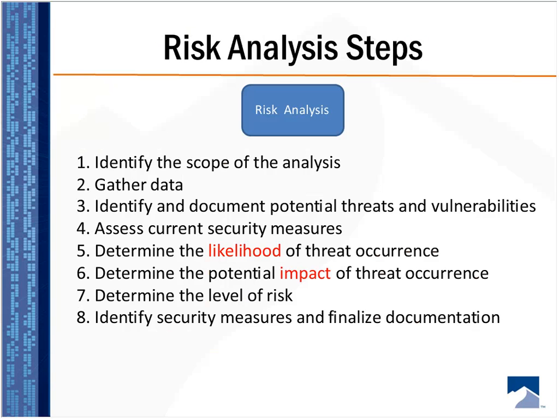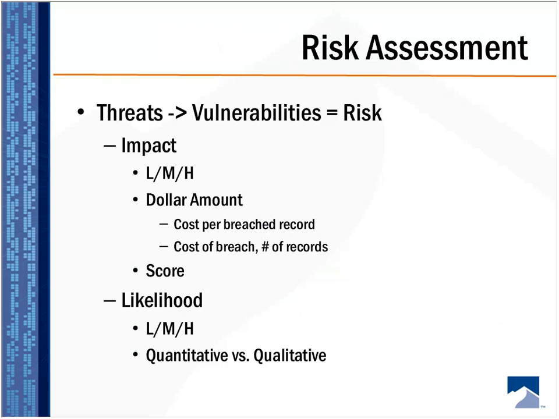And again, this is where it can get a little bit difficult, but primarily because we just can't predict the future. But what we want to do is stick with qualitative measures of impact. If possible, quantitative dollar amounts are good. Scores work. So the traditional impact is low, medium, high, and we don't need to worry about a deep precision here.